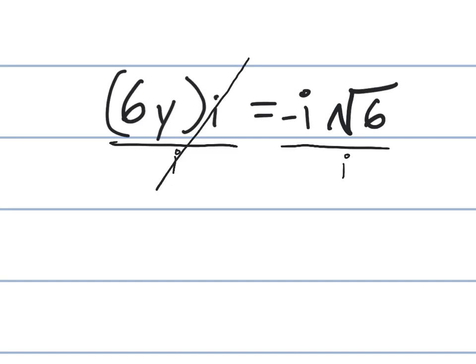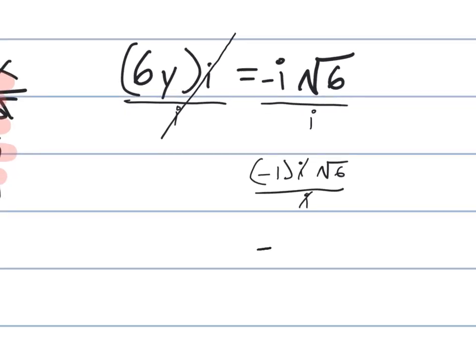What would happen to the i's on the right? Well, they could if I would do this. Let's look at the top here. What if I had negative 1 times i times the square root of 6 over i? Then it's okay, right? We would end up with negative square root of 6. So we get 6y is equal to negative square root of 6.